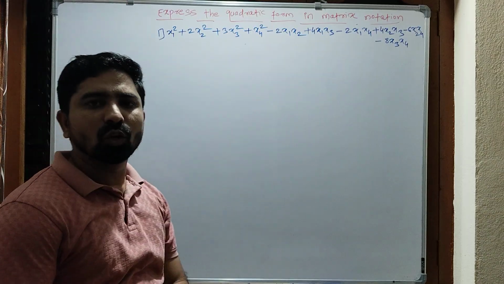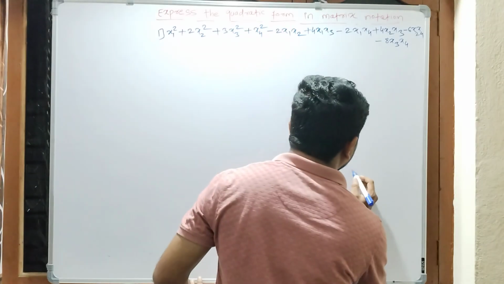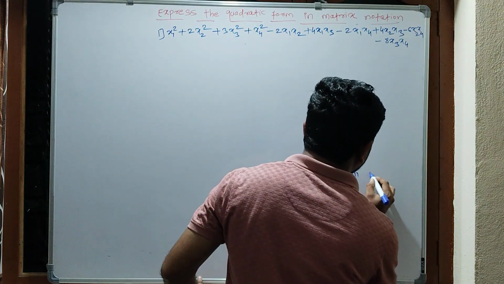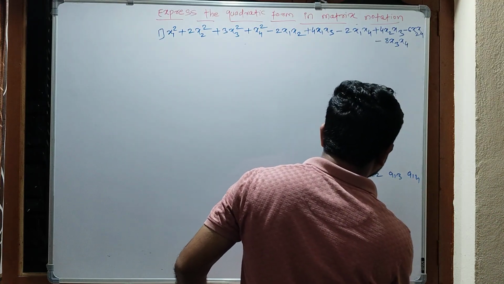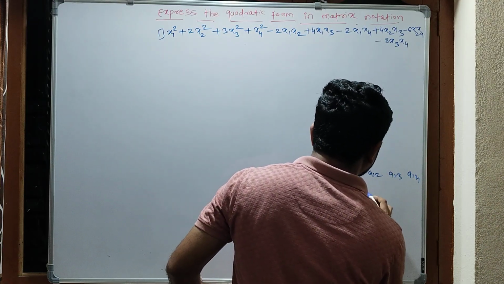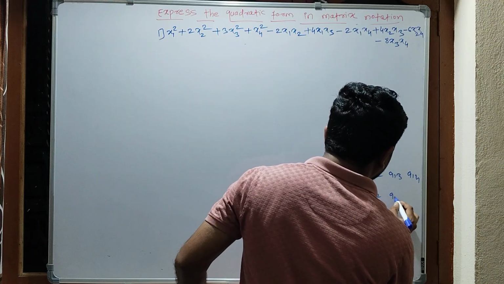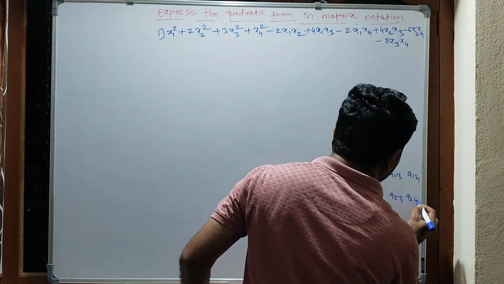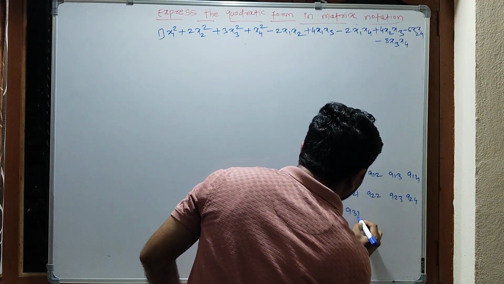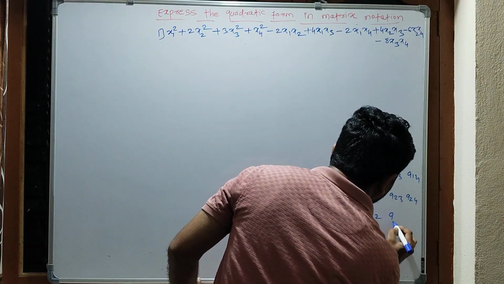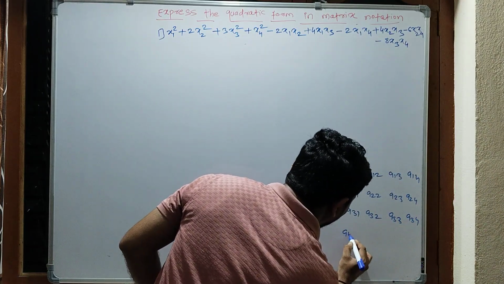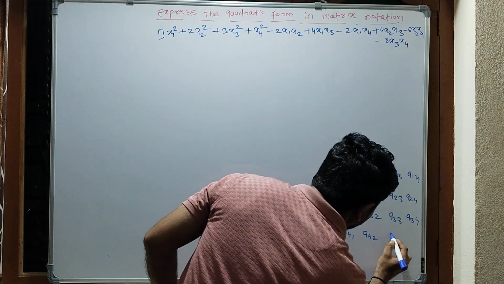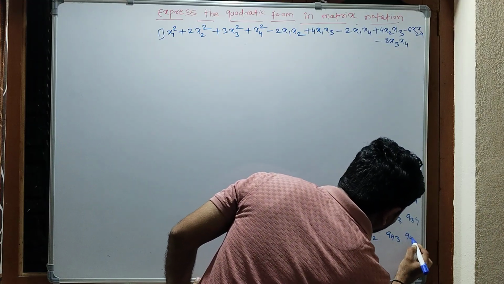The number of columns is 4, so I get a 4 cross 4 matrix. Here A11, A12, A13 and A14. This is the second row: A21, A22, A23, A24. Then A31, A32, A33, A34. Then A41, A42, A43, A44.